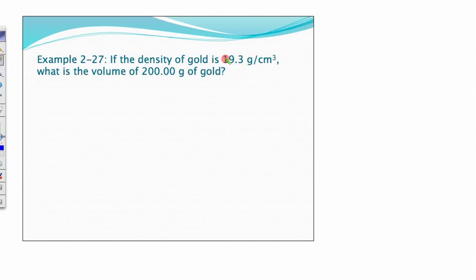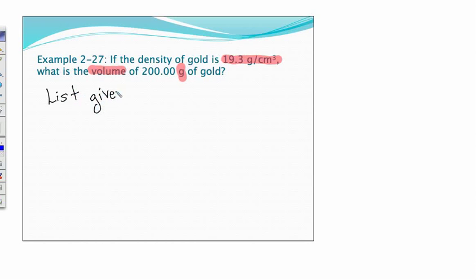You can list givens if you want, or you can learn to highlight givens. They give me a density of 19.3 grams per milliliter. It asks me what the volume is, in centimeter cubed, if I have 200 grams. What I'd like you to do is list your givens or circle them.